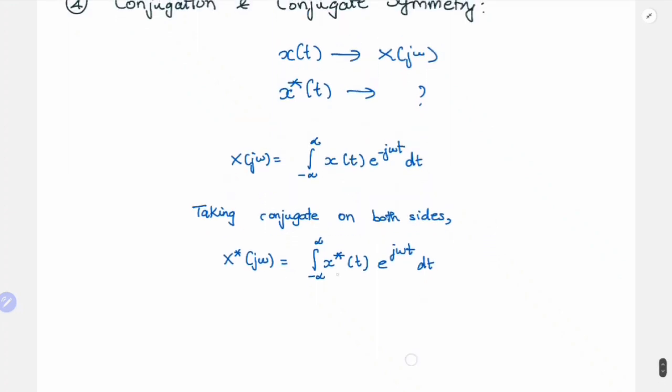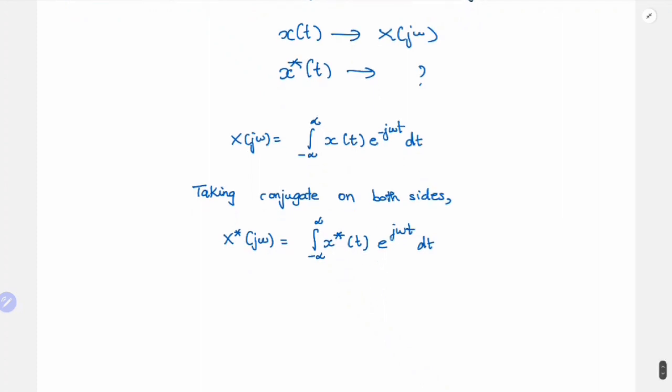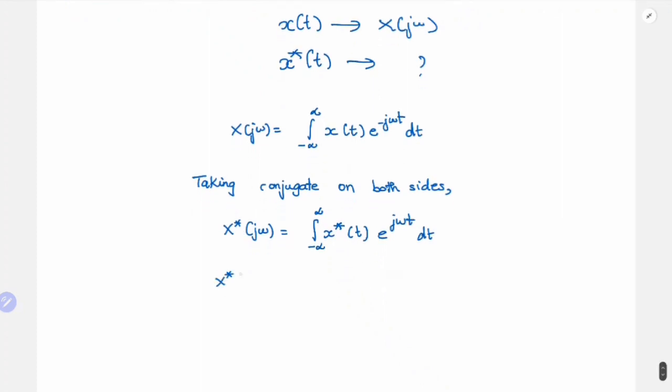Now we have this x star of t, but for the Fourier transform we want minus j omega t. So what we do is we just take omega to be minus omega. X star of minus j omega is nothing but integral from minus infinity to infinity x star of t e power minus j omega t dt.